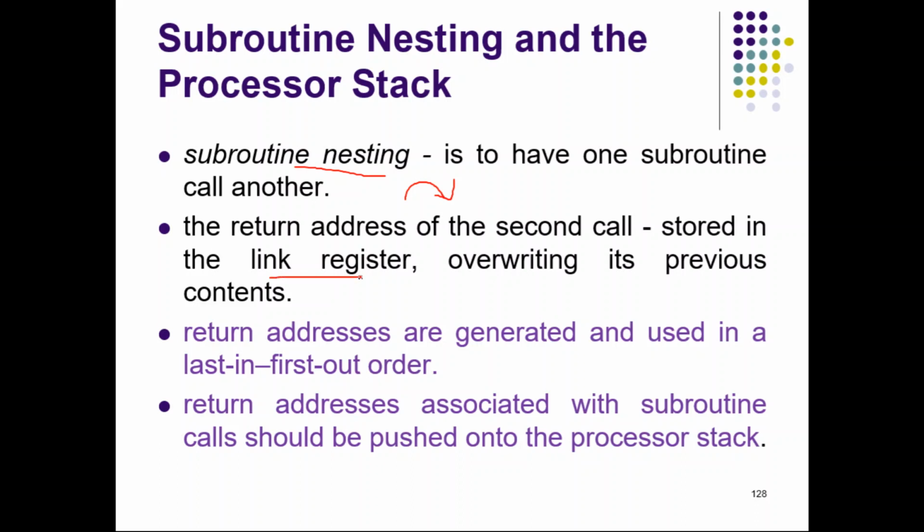But again, subroutine 1 calls the second subroutine. So during this call, whatever the location where the control should come back after executing subroutine 2 will be pushed into the link register. Now the link register will be overwritten and its previous contents will be deleted. What is the previous content?